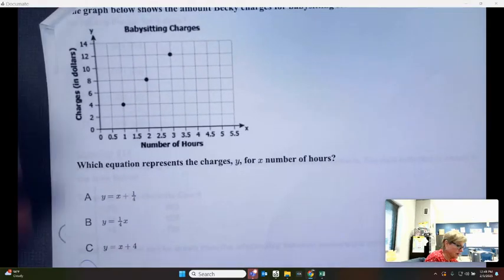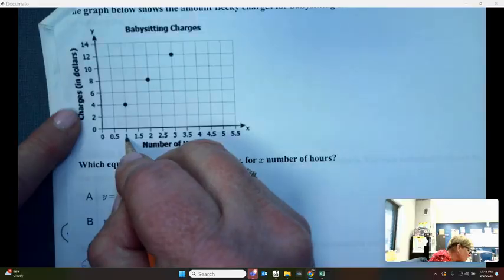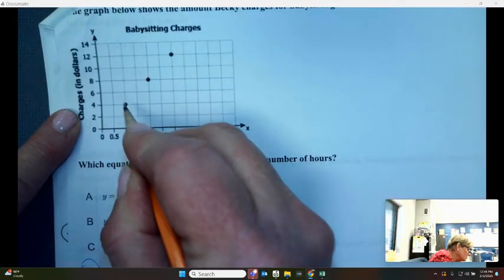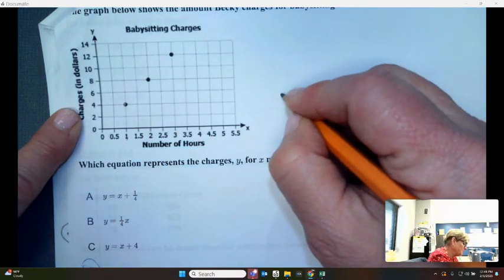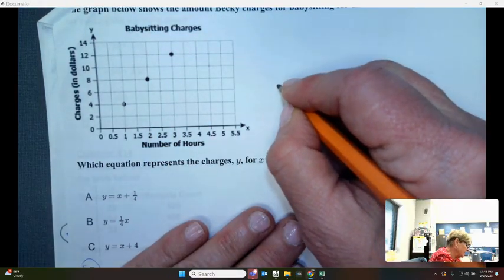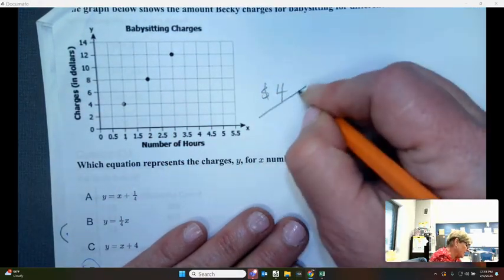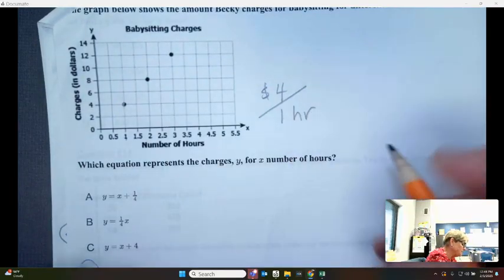So let's look at what the rate is. For every 1 hour, she makes $4. 2 hours is $8, 3 hours is $12. So she's getting $4 for every 1 hour. That is the rate.